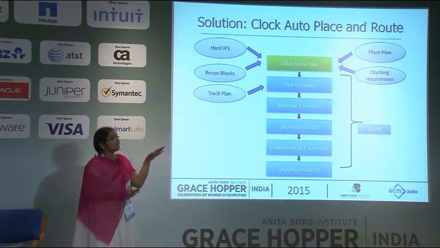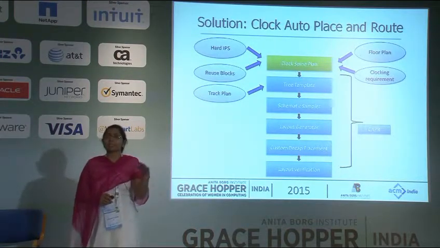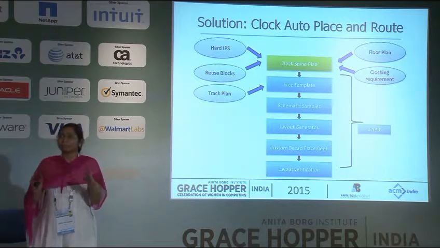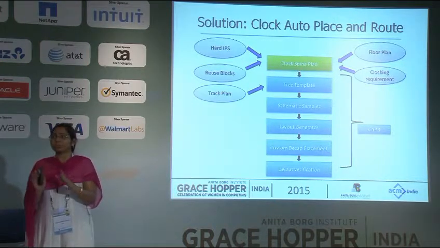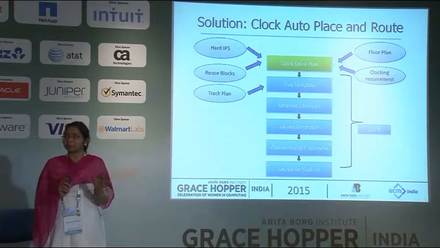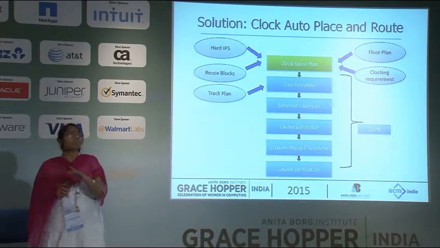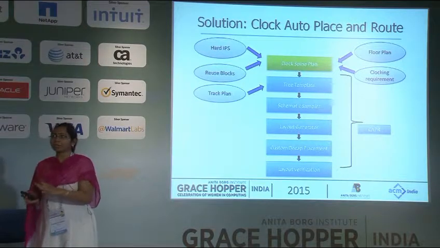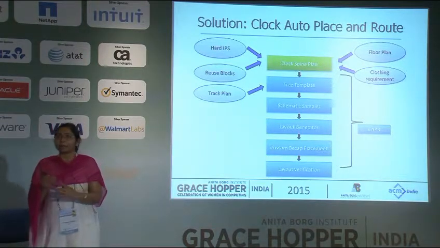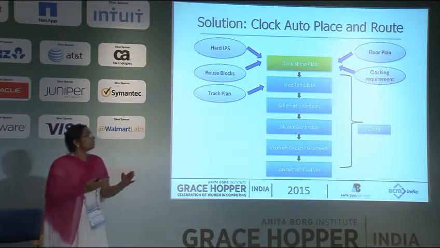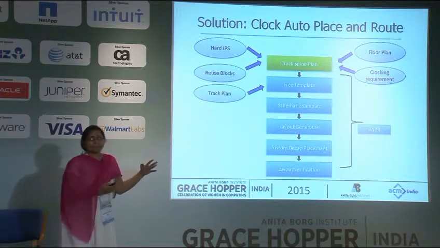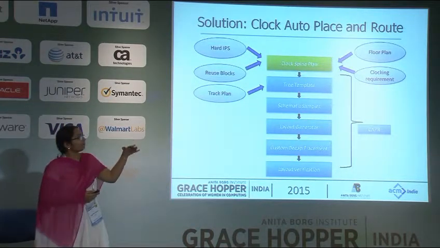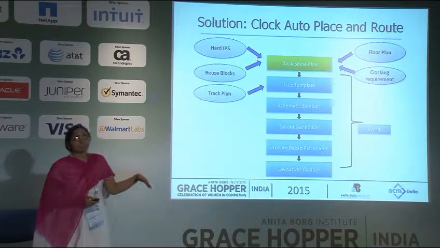Once we get all these constraints, we come up with a plan for how to distribute the clock from its source to various tiles. They will tell us which tiles require clocks, and how many clocks there are. Once that plan is ready, we start our capper flow. It is a 5-step process.